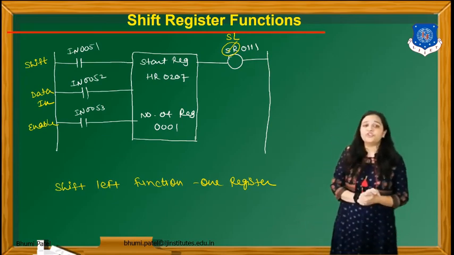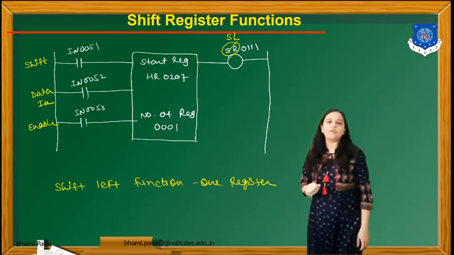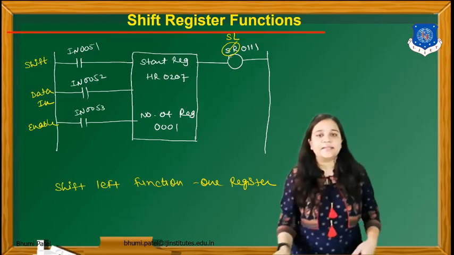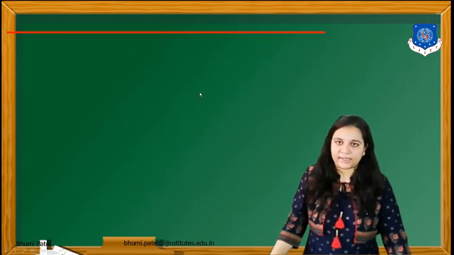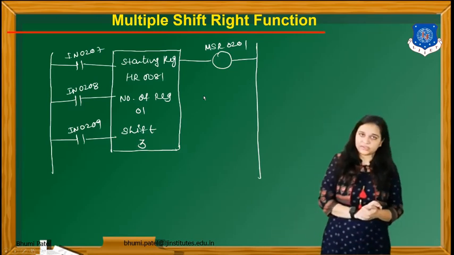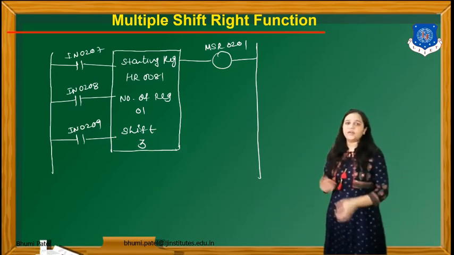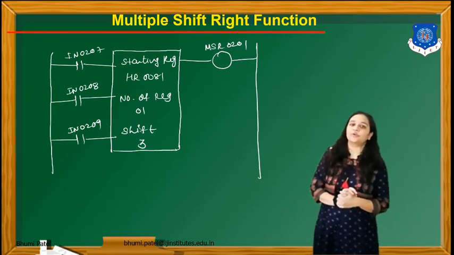Now next is the shift register for the shift left function. You have to change only the command. Instead of SR, you write SL. SL indicates shifting left this particular data. Clear? Now the multiple shift right function. The inputs are IN0207, IN0208 and IN0209.